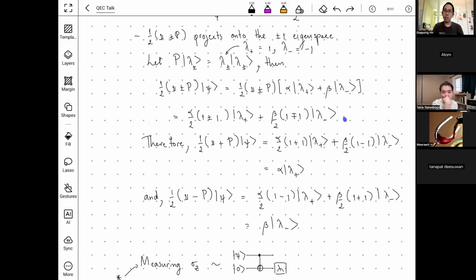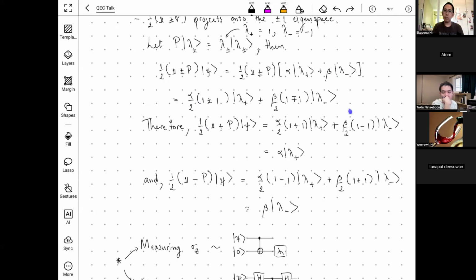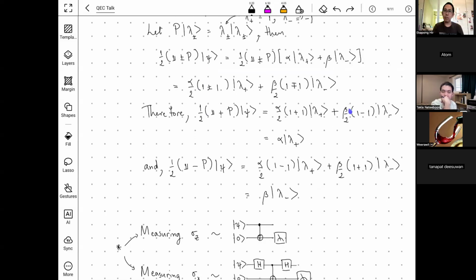You'll get this form here: if it is a plus sign, after applying this operator you get the +1 eigenstate, but if it is a minus, you get the -1 eigenstate.